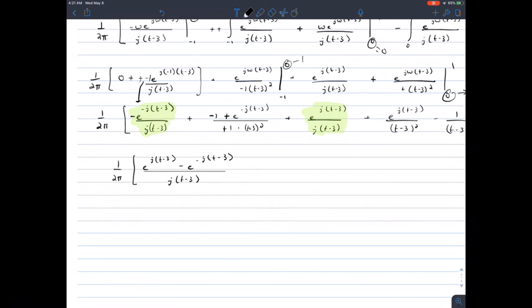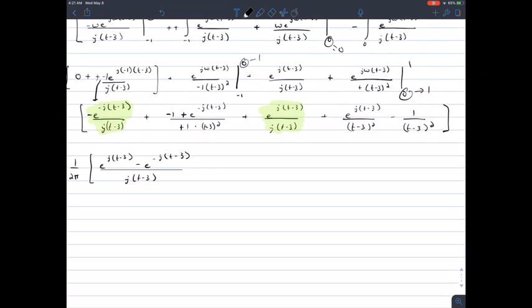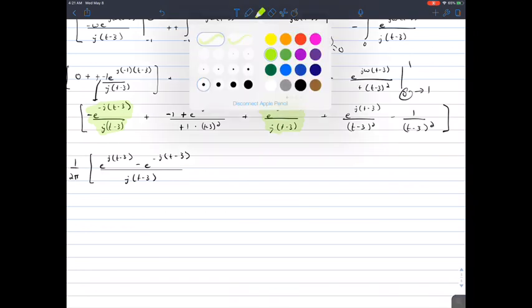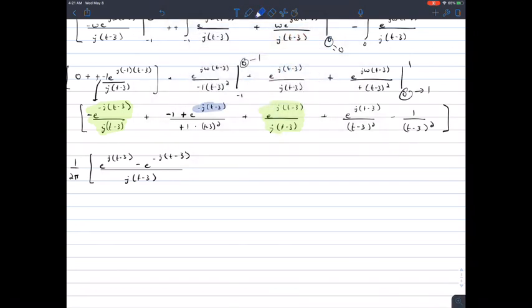So let's see if we can continue this. So then, we have e to the j(t minus 3) over (t minus 3) squared. Okay, so we can also group these right here. Alright, because they have the same exponent and same denominator.